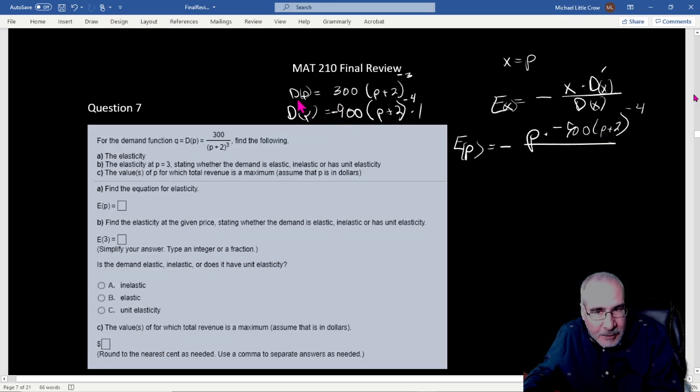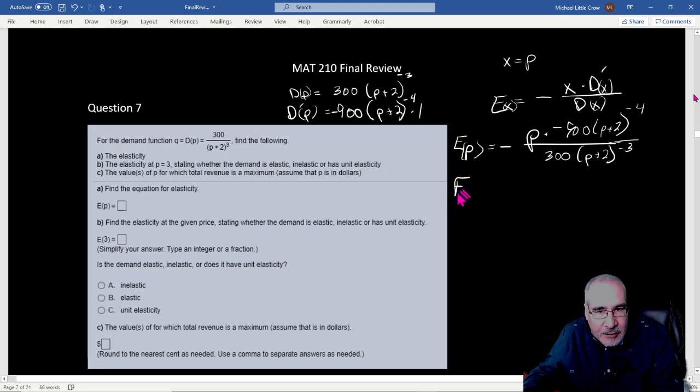The demand function, the original, is 300 (p plus 2) to the minus 3. Okay, now let's simplify. Negative and negative make a positive.